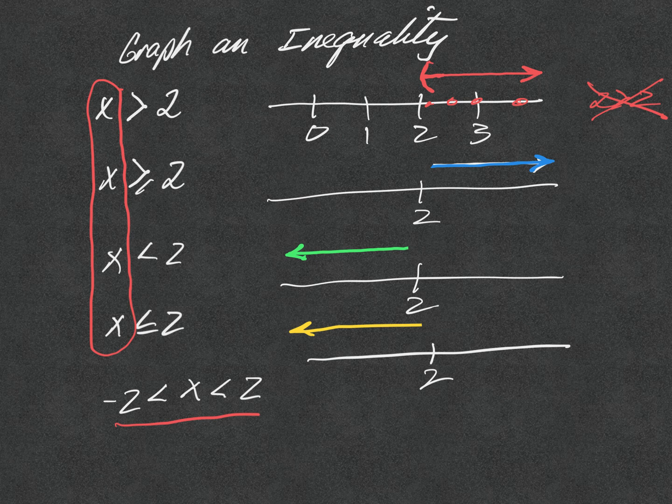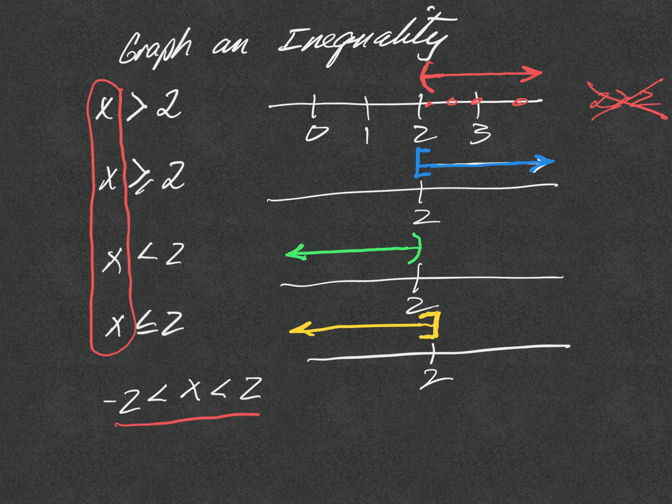And when they're equal, we're going to use a bracket like this. This one was not equal to 2, so it'll be a parenthesis. And this one was equal to 2, so we would put a closed bracket.